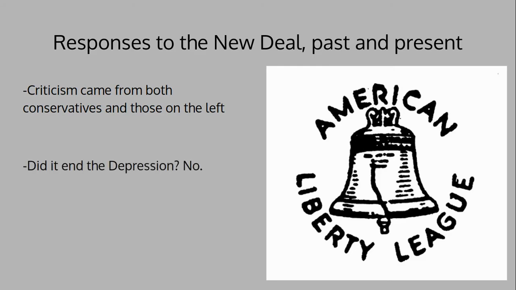Now, probably one of the chief criticisms leveled against the New Deal, which is actually grounded in truth, is that the New Deal didn't end the Depression. So the New Deal began to wind down in the early 1940s, and it wasn't until during or after World War II that the economy recovered.